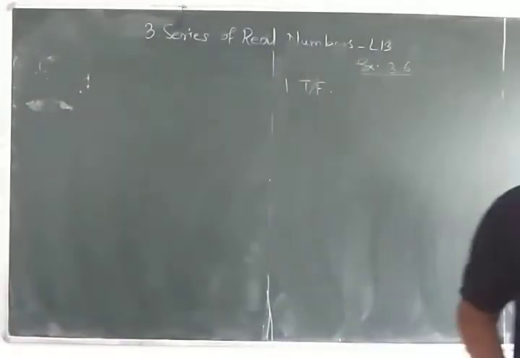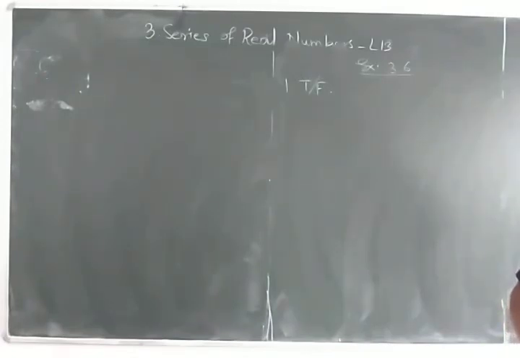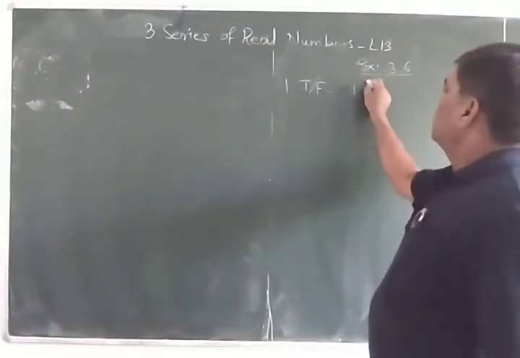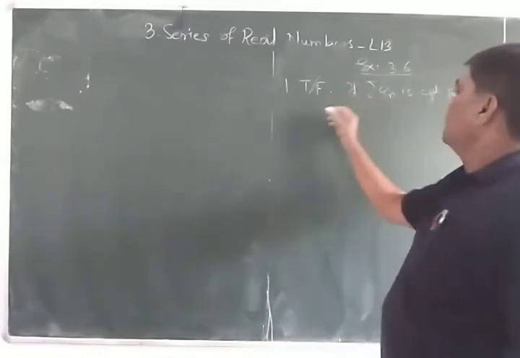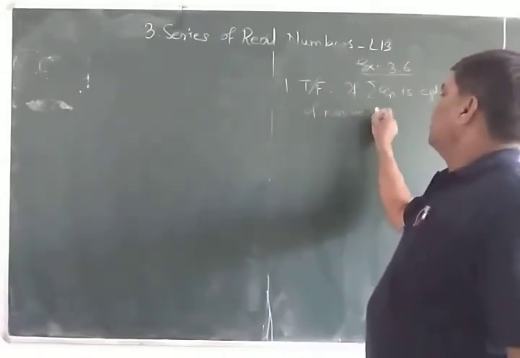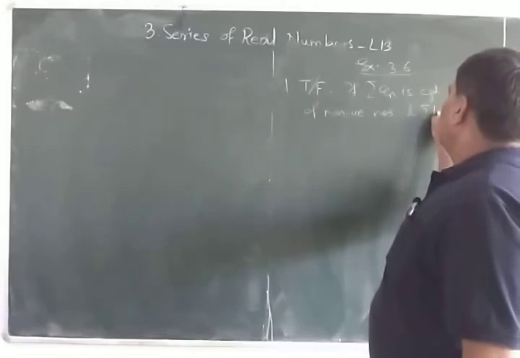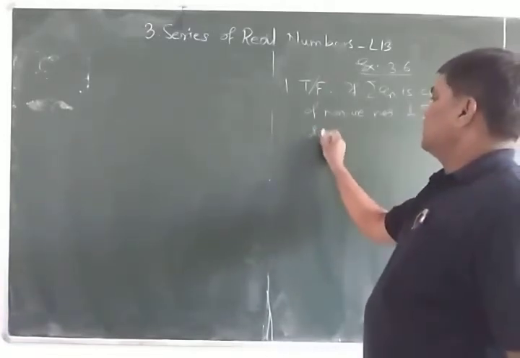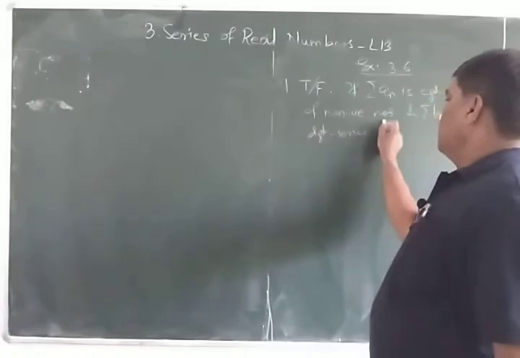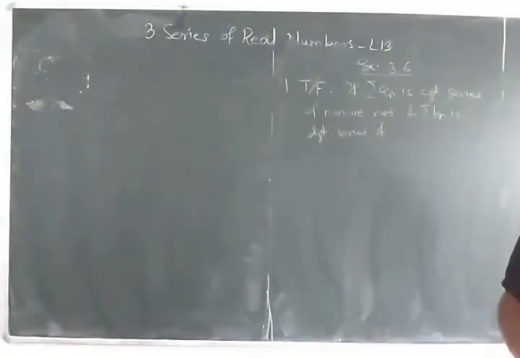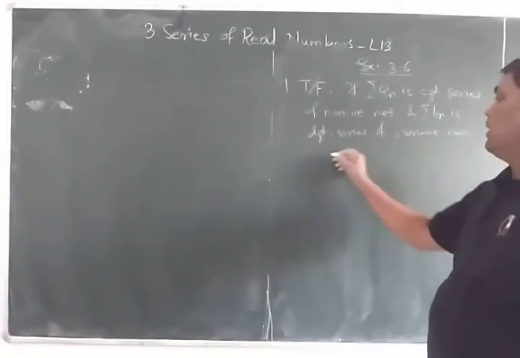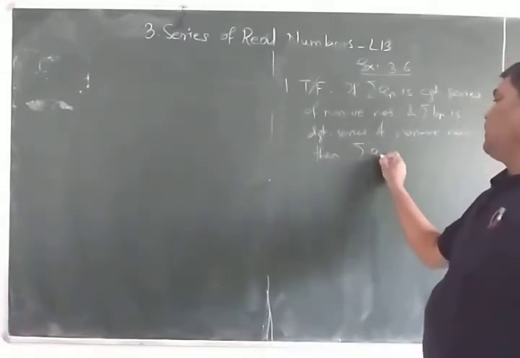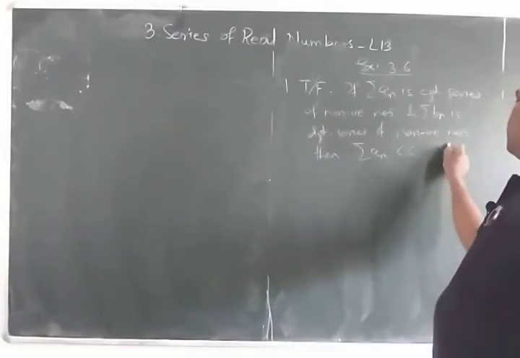If summation a_n is a convergent series of non-negative numbers, and summation b_n is a divergent series of non-negative numbers, then summation a_n is dominated by summation b_n.